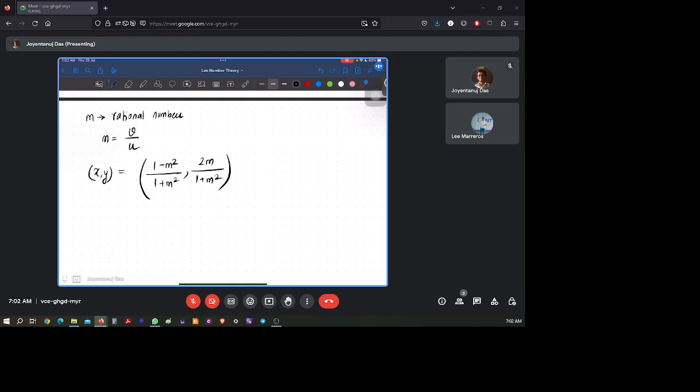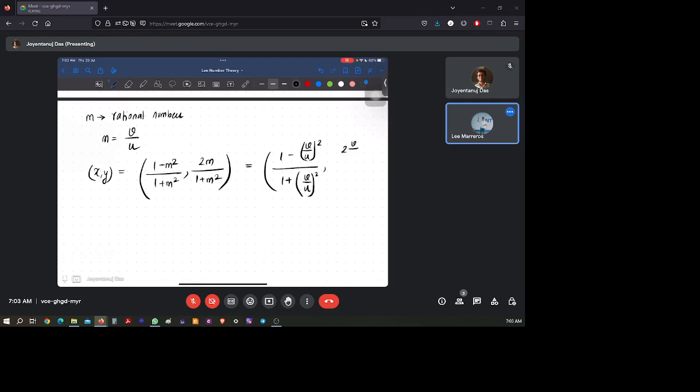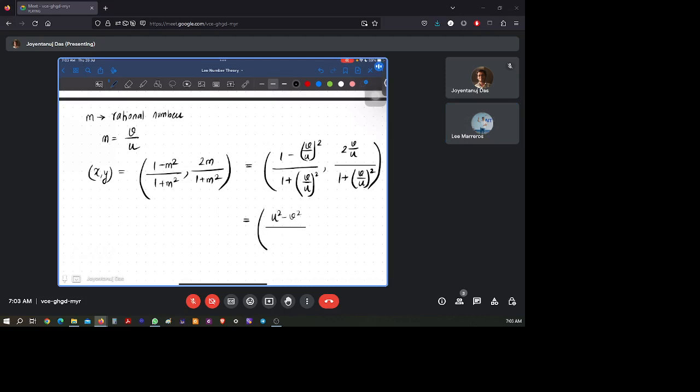So if I replace m by u over v and simplify, then we have u square minus v square divided by u square plus v square.